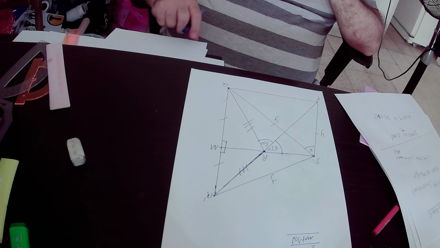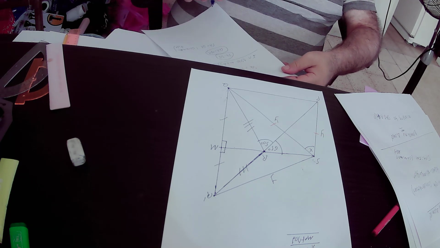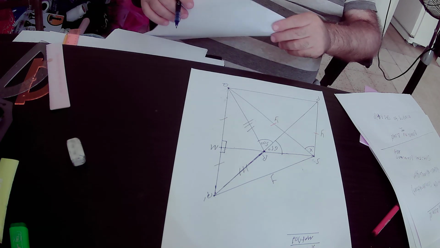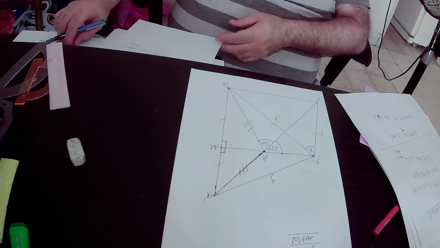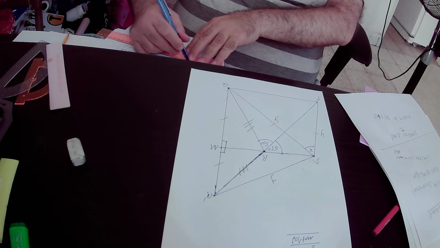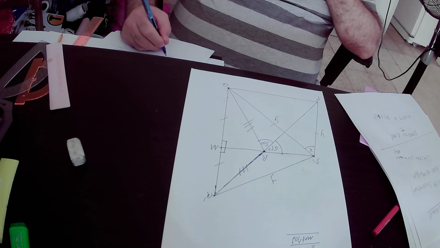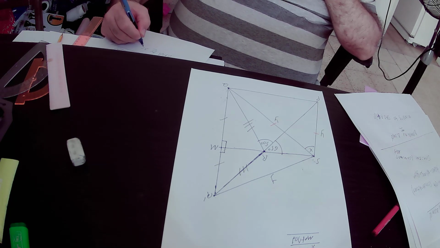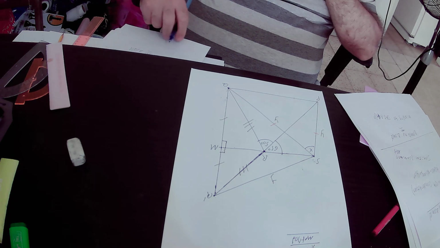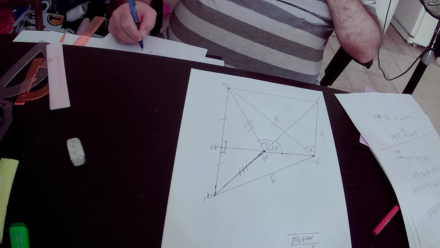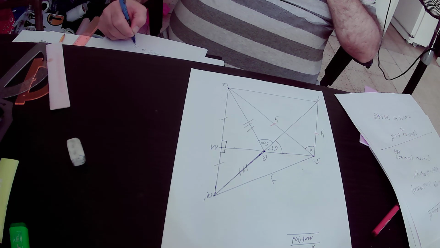So we actually proved that triangle SQR can go into triangle SQ dash R according to the side rule.